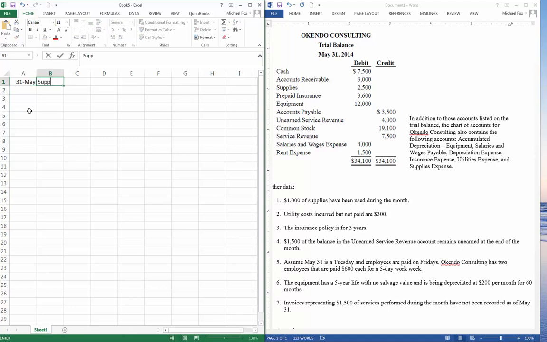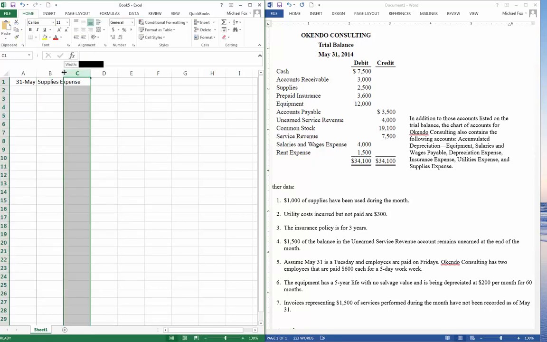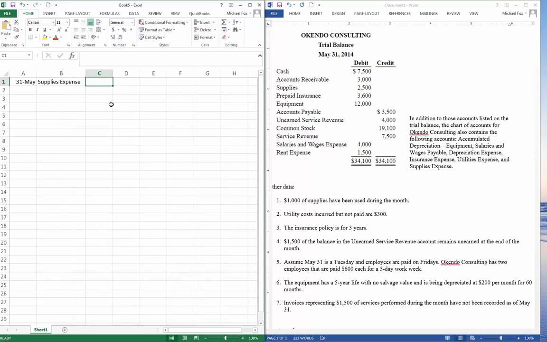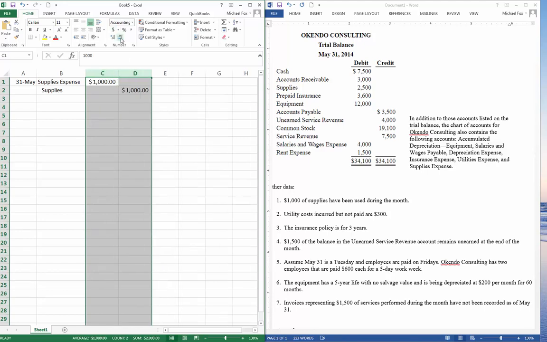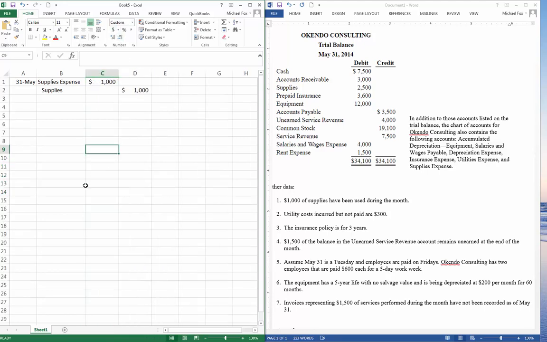We'll claim the expense, and we'll show the supplies asset decreasing. So again, expense, that's going to happen on the debit side because expenses increase on the debit side. And the supplies, which is an asset, is going to decrease on the credit side. If we want, we can make this all dollars. So there's our first entry.